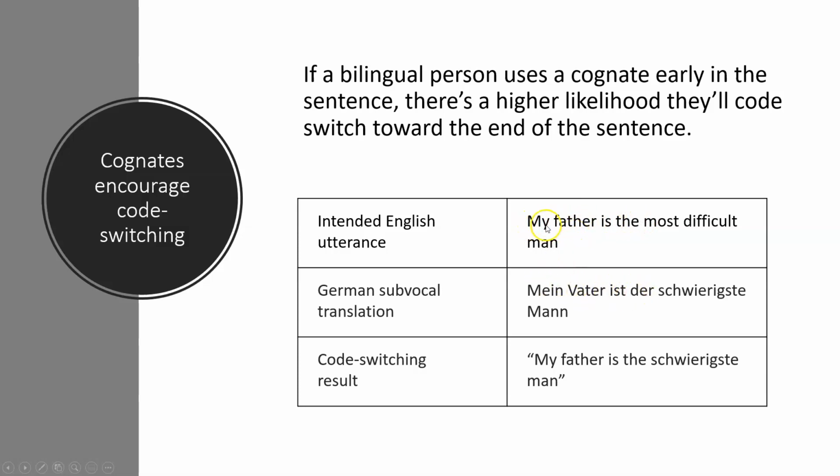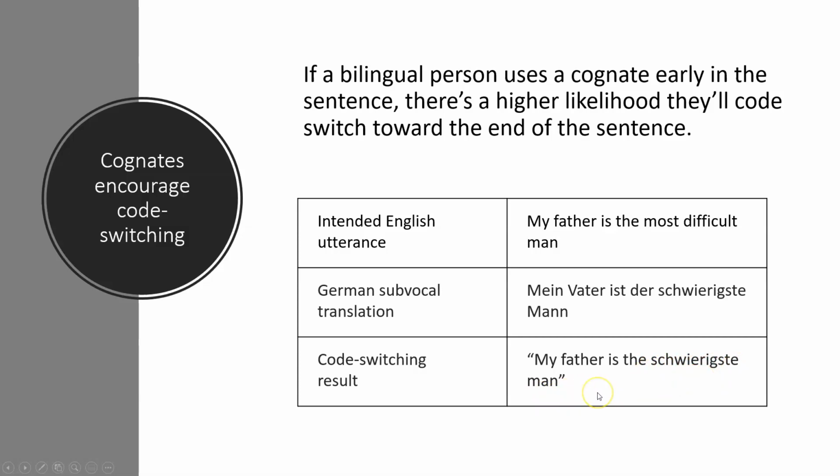And because you're intending to say these first four words of the sentence that are similar in English and in German, there's a higher likelihood that your German language will interfere in this situation and just jump into the sentence. And you might say something like, "My father is the schwierigste man."